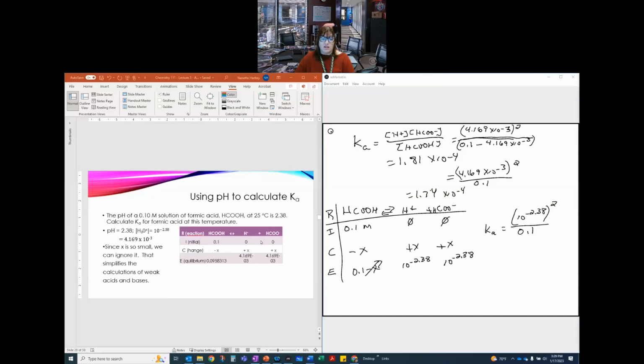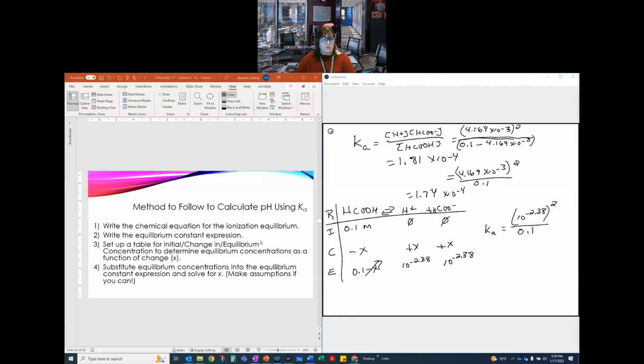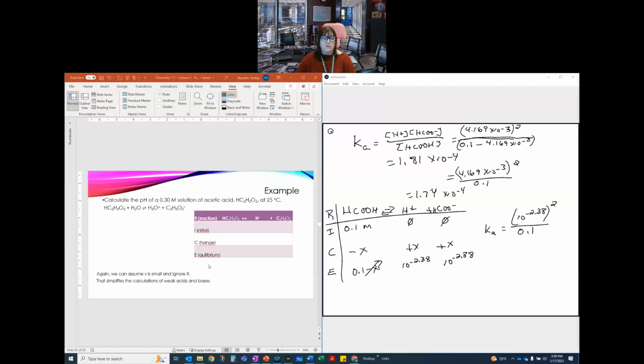But that is my process, to fill out that table so I know exactly what values I'm looking for, right? We can substitute our equilibrium concentrations into the equilibrium constant expression and solve for x. And that's exactly what we've done. Okay, this is no different than what we've done previously when we knew those equilibrium concentrations and we wanted to calculate the K.